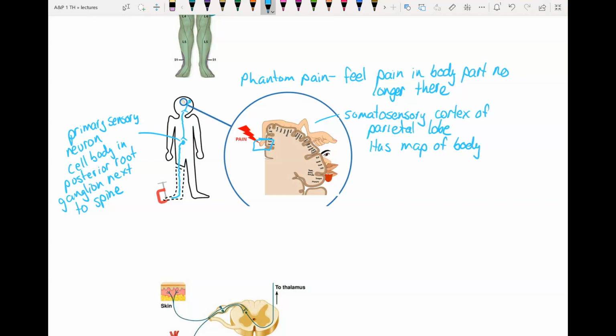Now, if you get an amputation, so in this picture, the person's leg has been amputated, and it shows that they're still feeling pain in the foot. When you get an amputation, you cut off the axon of that primary sensory neuron.